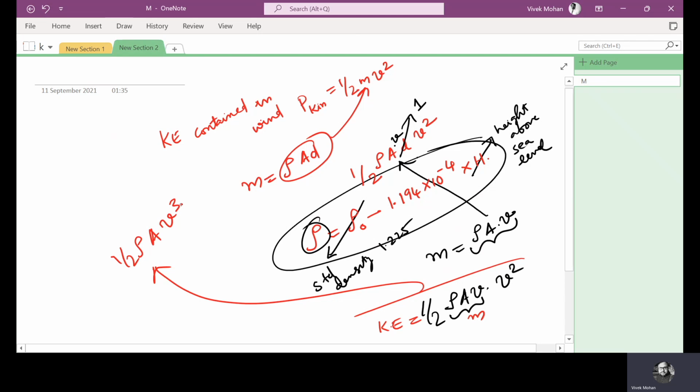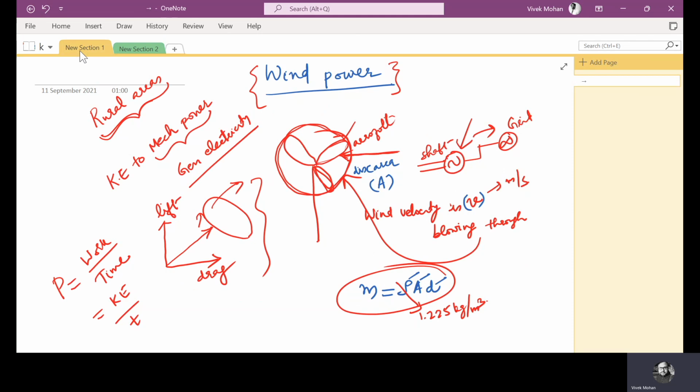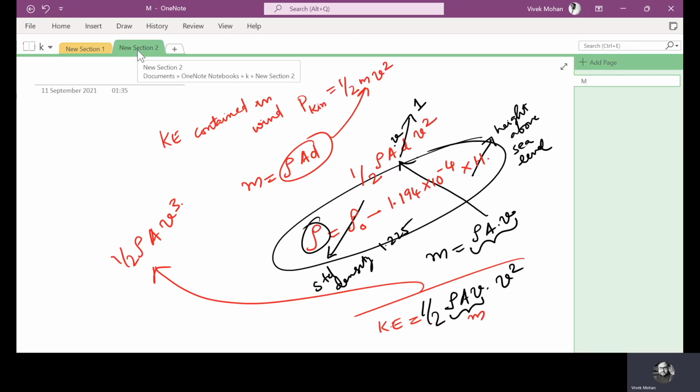The total power contained in the wind flowing through the swept area A, which we have considered here, is equal to half rho a v cube. Now, this half rho a v cube is in watts. So this is P total. This considers everything.